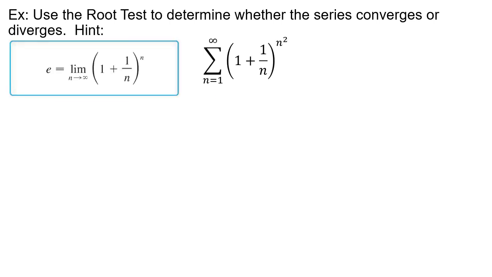Okay, we'll try one more. Now in this case, we have an n squared for the power. So you could take an nth root here and come up with something that looks a lot like what's in that box on the left-hand side. One of the definitions for your exponential Euler's number that you saw in Cal 2 is that it's the limit as n goes to infinity of 1 plus 1 over n all raised to the n power.